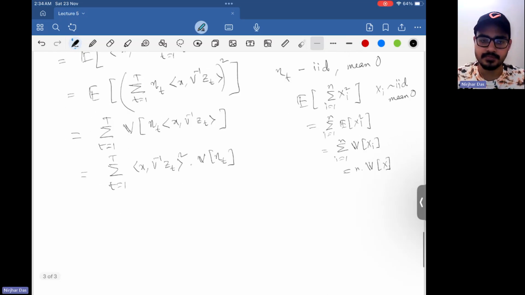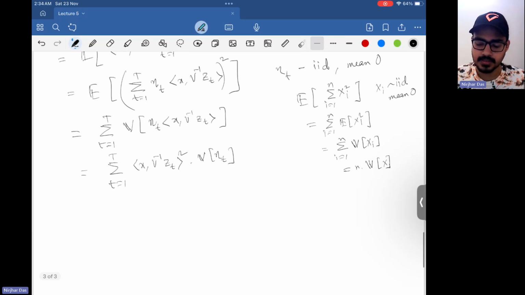For example, if it's a Gaussian, then this is sigma squared. So this is sigma squared times the summation of x V inverse Z t, whole squared.